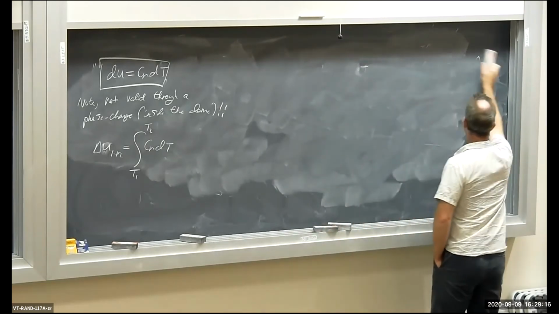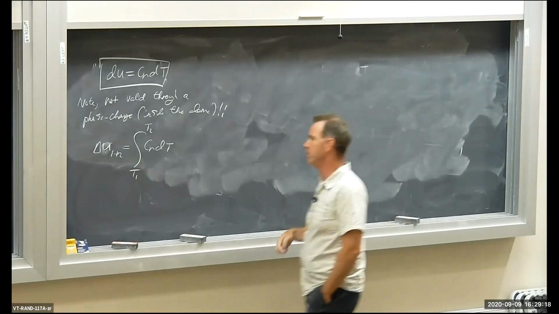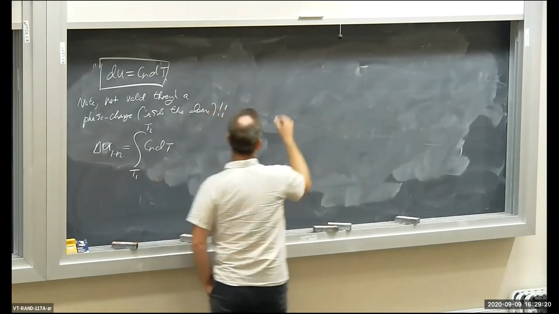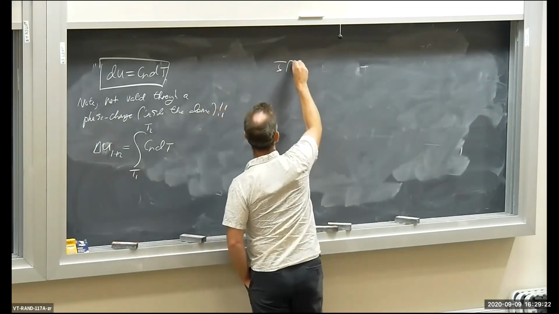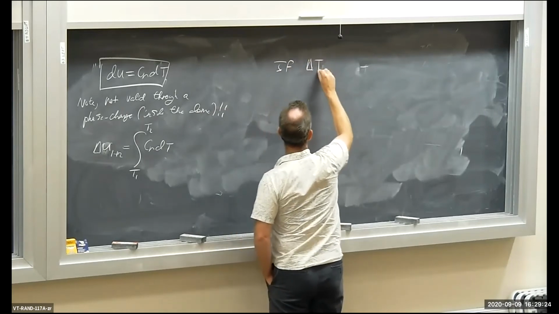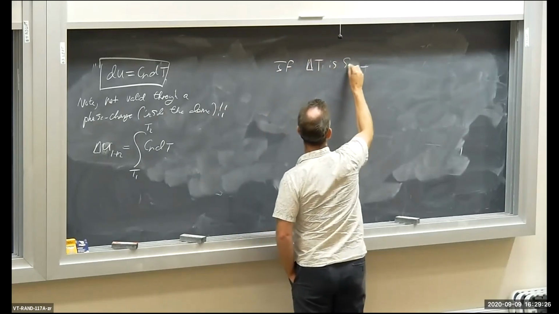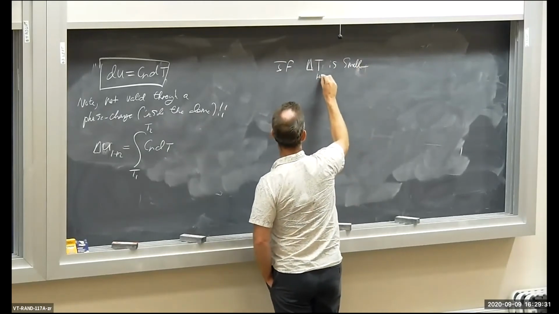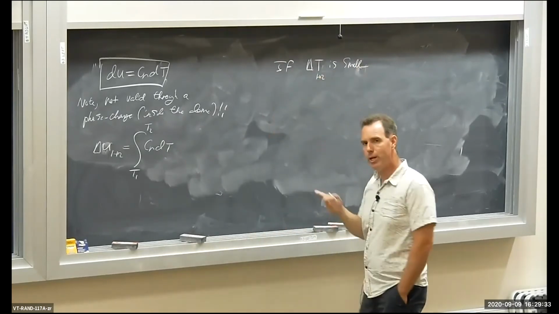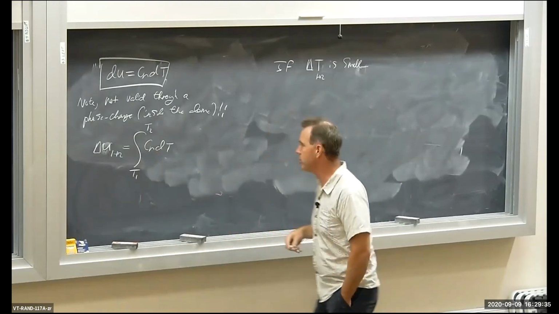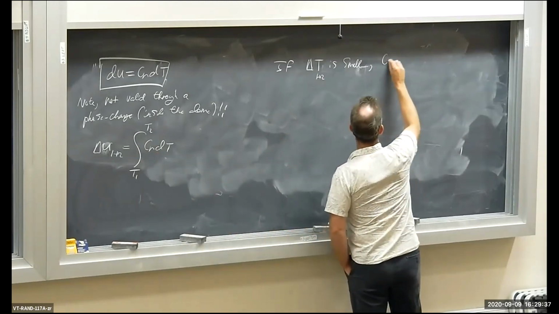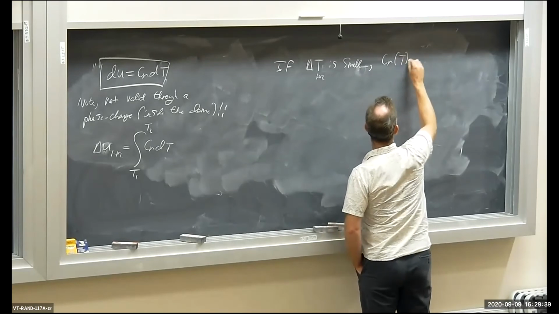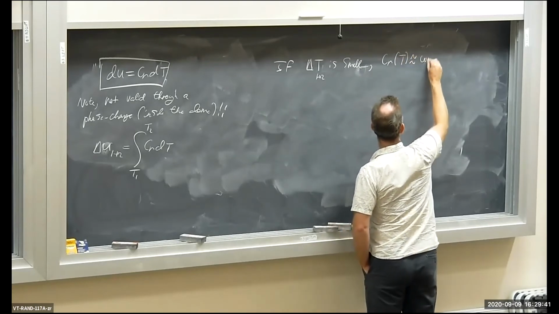Now, sometimes temperature changes are small. So if delta T from 1 to 2 is small, then we can assume specific heat is constant. CV, which is a function of T, is approximately equal to a constant.